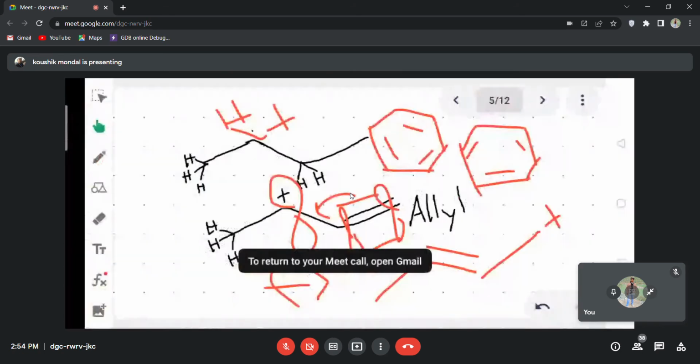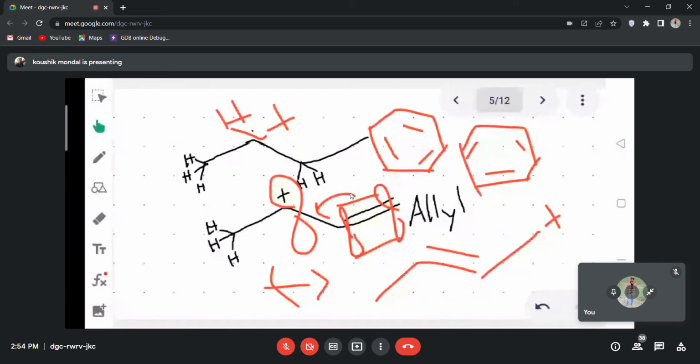Okay, so this pi bond can delocalize in this way. Okay, so this allyl.